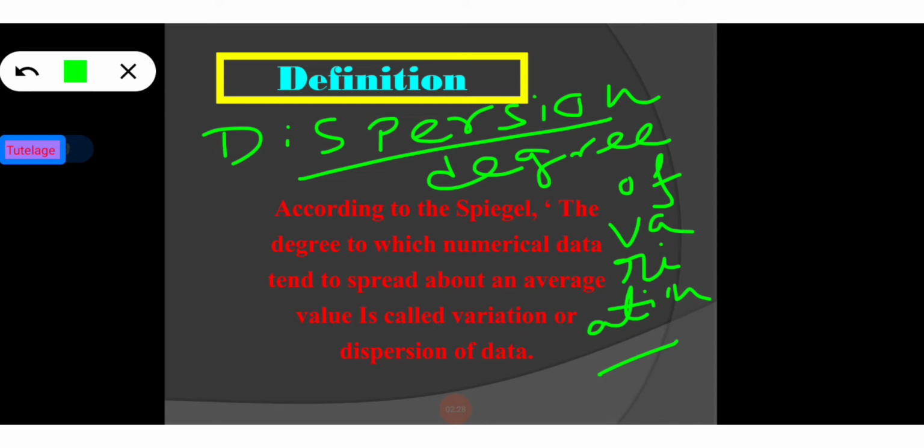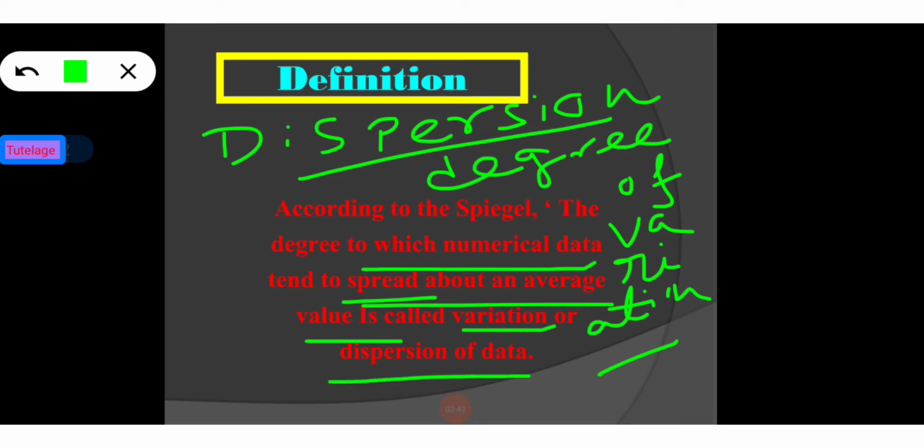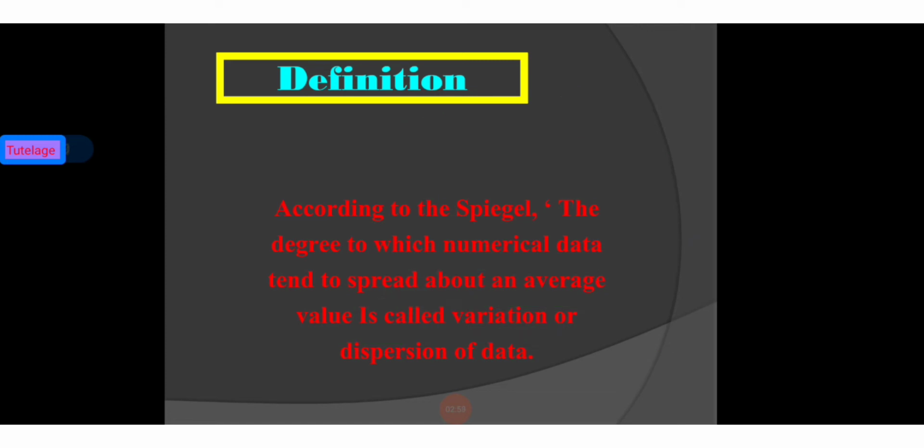According to Spiegel, the degree to which numerical data tend to spread out around an average value is called variation or dispersion of data. So basically it is the degree of variation. Okay, so I think what we mean by measure of dispersion is clear to everyone. So now move on to the next slide.